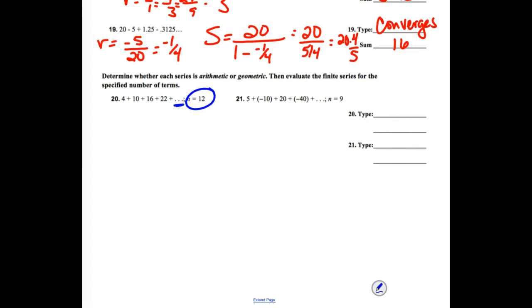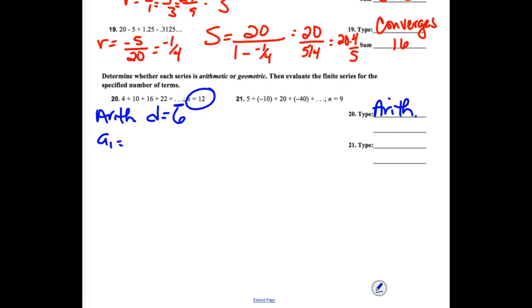Okay? So we have n being 12. Is this one arithmetic or geometric? Arithmetic, we're adding 6. All right, so arithmetic, our common difference is 6. What are the things we need to know to add up numbers in an arithmetic sequence? We need a first term and a last term. And we need to know how many numbers we have, right?